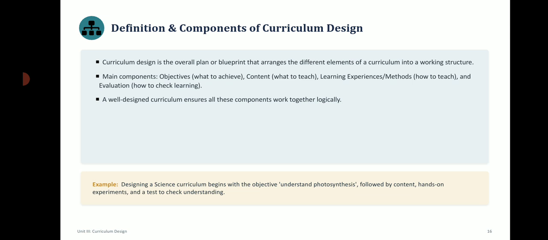Learning experience or methods, how to teach. Teaching strategies are also included. And evaluation, how to check learning. Evaluation is important, right? So those five steps, where teaching strategies is not in the slide: objectives, content, learning experience, teaching strategies, evaluation. This is how it works.